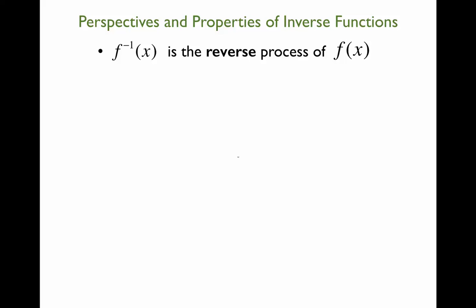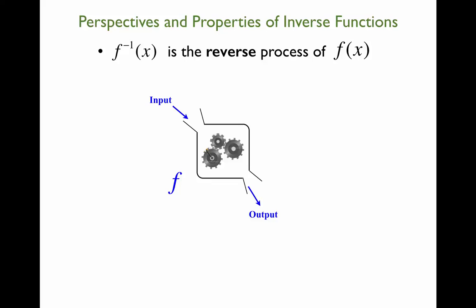Okay, so one way to think of the inverse is the reverse process. If this is our process f, it takes input, it cranks on input and spits out output, then the reverse process is like the same machine, but we're running it backwards. So the output of f is the same as the input of f inverse.